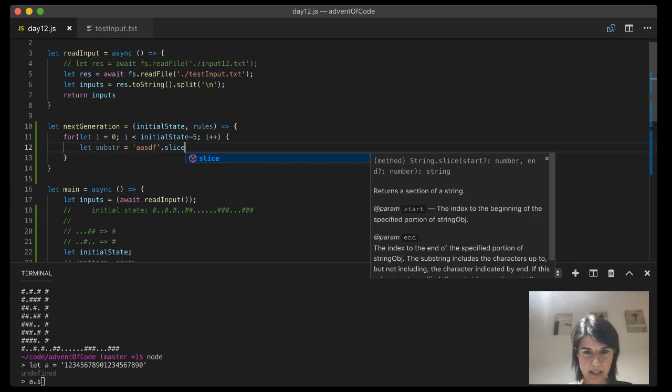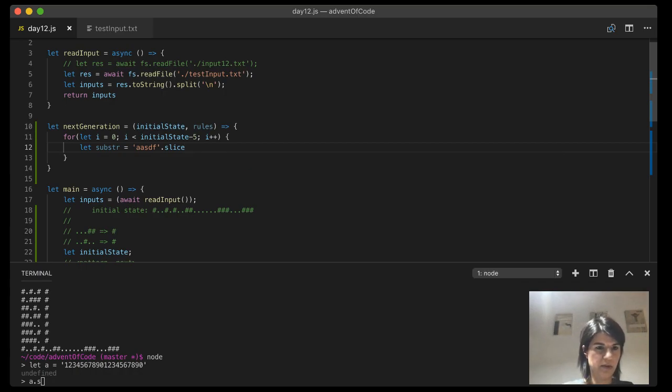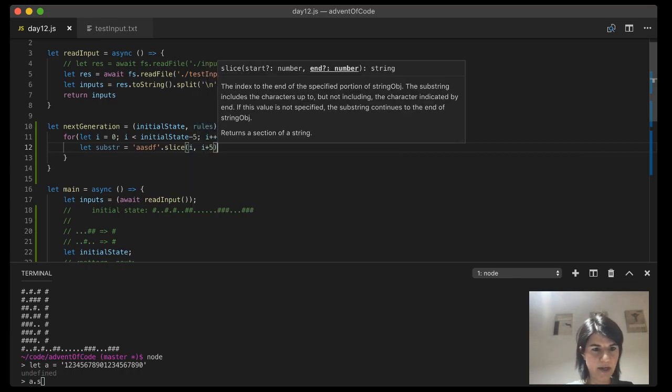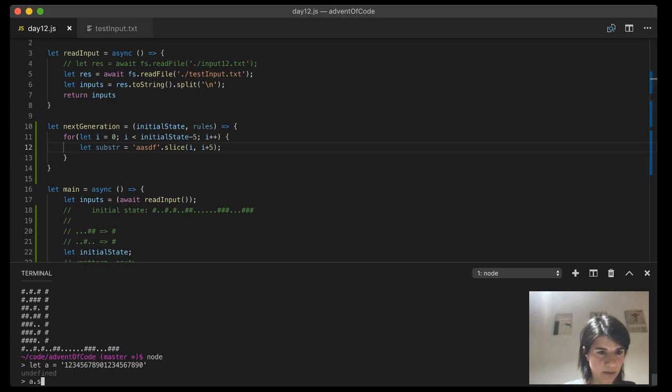So slice has a start and an end. Okay, I want slice and not splice. Thank you. The index to the beginning of the specified portion, the index to the end. So slice, and we're starting at i, and we want to do i plus 5. So if we do i, that's slice of 4, 4 plus 5.